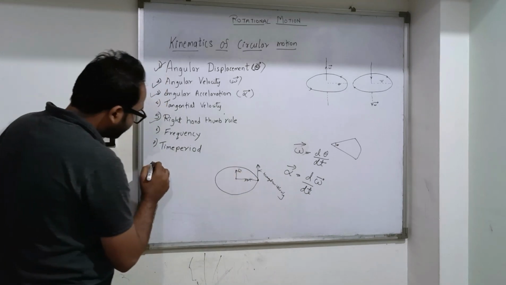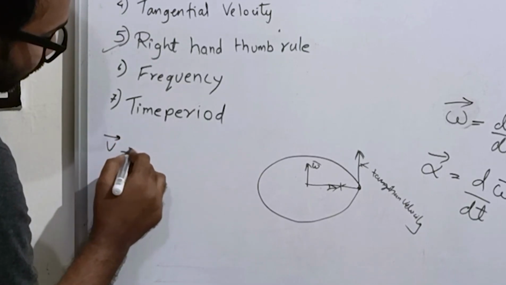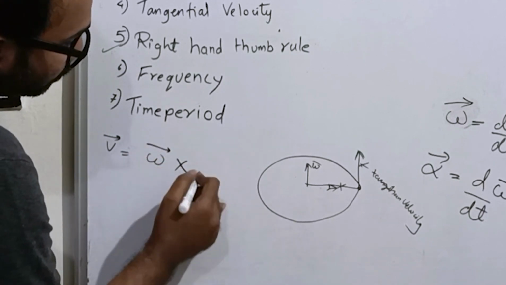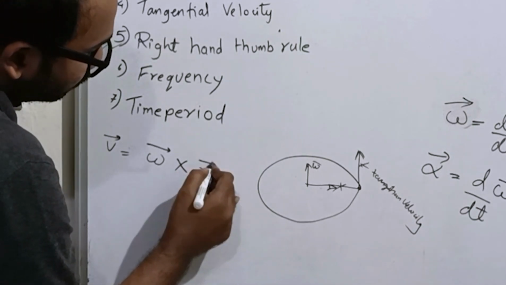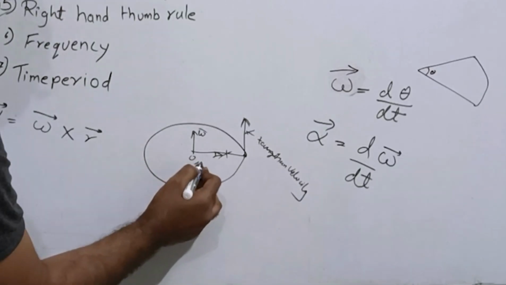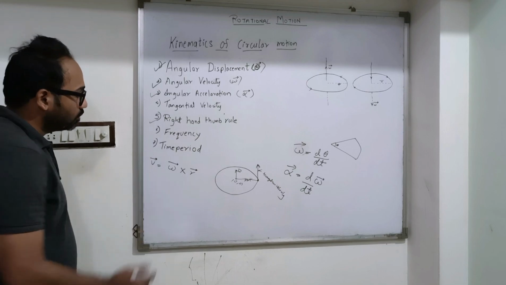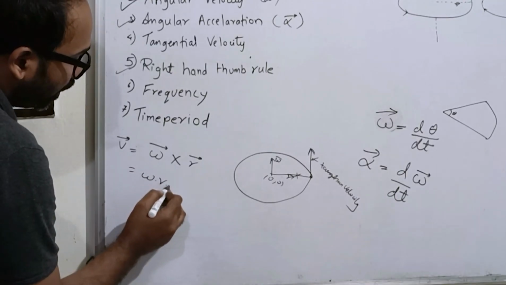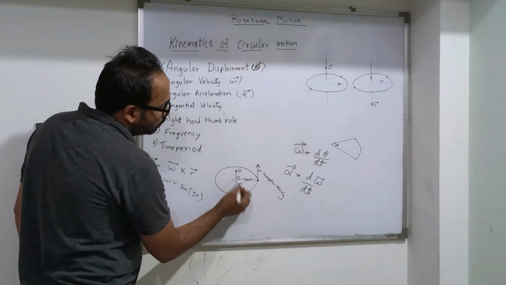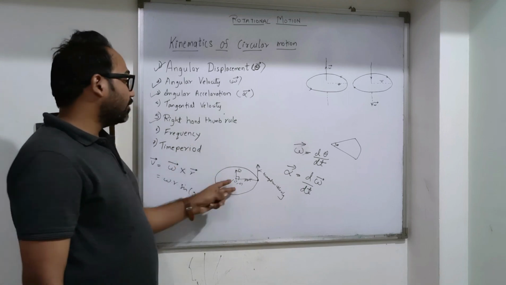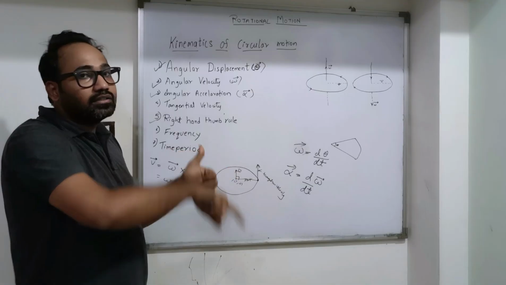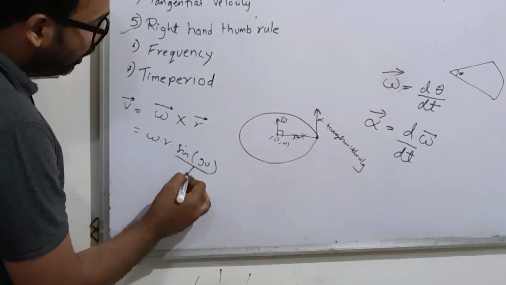Tangential velocity is nothing but the cross product of angular velocity and your position vector, or you can call it the radius if it is the origin. So that would be omega into r into sine of 90. As we know, the angle between the velocity and the radius is 90 degrees, so sine of 90 is 1.